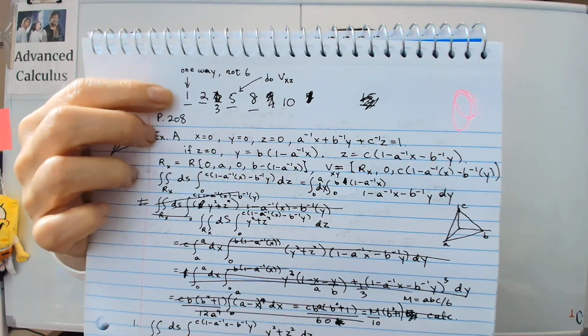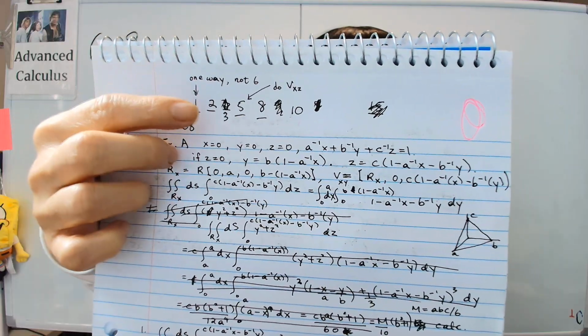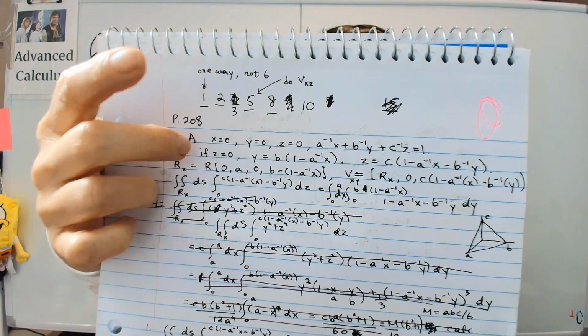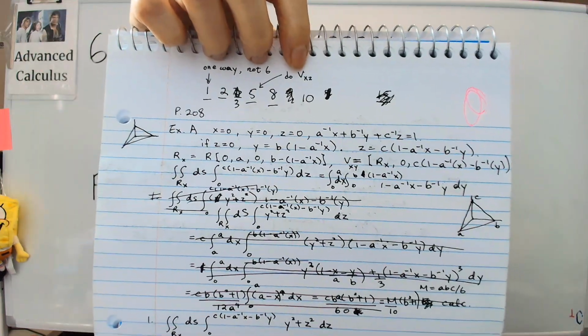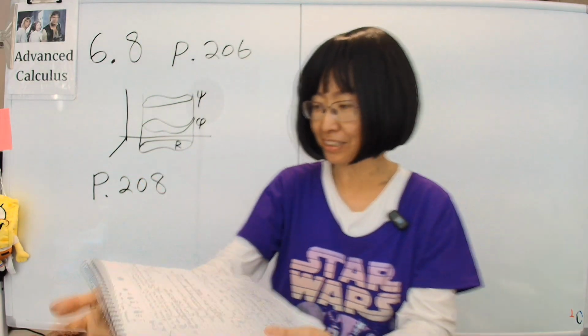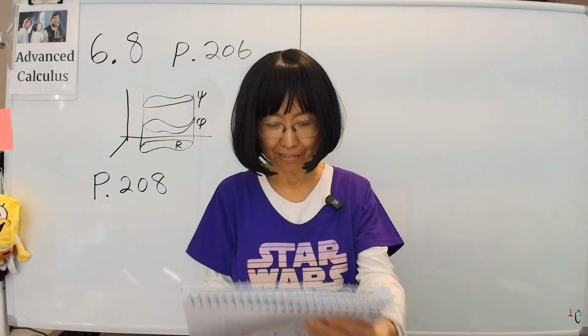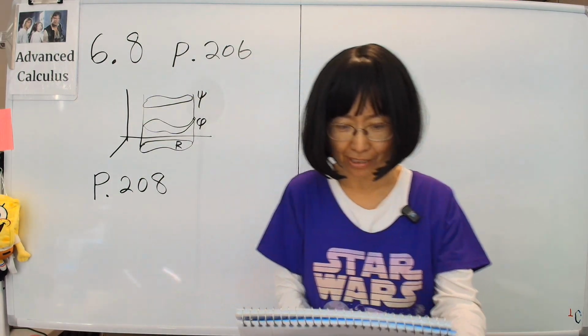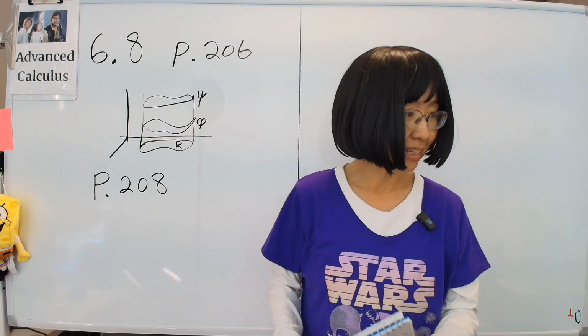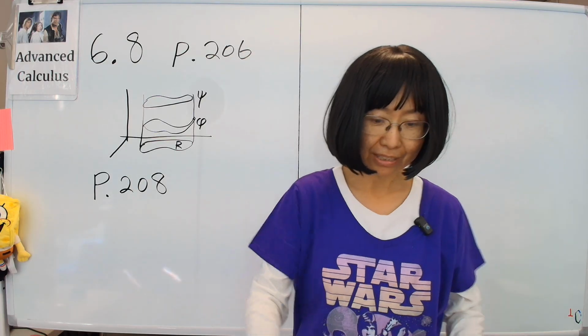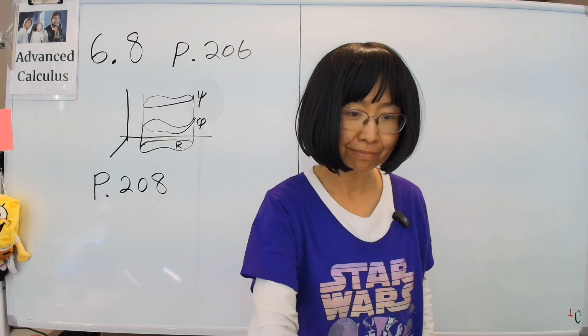I don't want to do it 6 ways. And then problem 5 is something about doing it 5 or 6 ways too. Just do Vxz, okay? That's all I'm going to do. You can do more if you want, of course. But why do I want to do the stupid thing 6 ways? It's all the same. So please go do your homework, and when you're done, I want to talk about them.